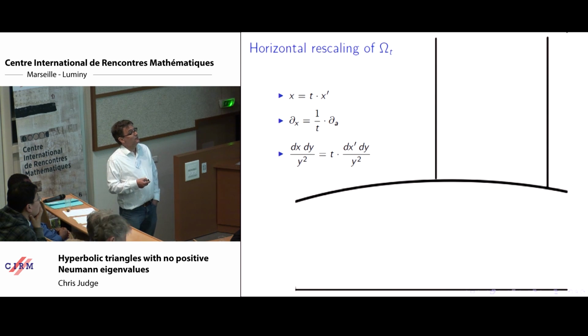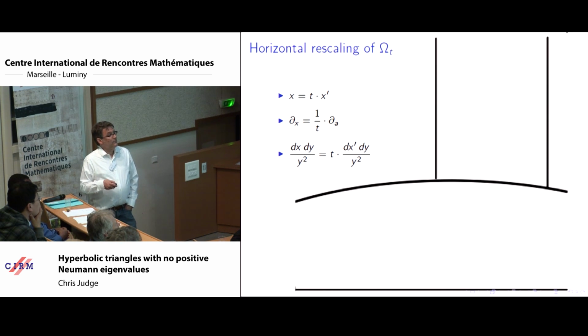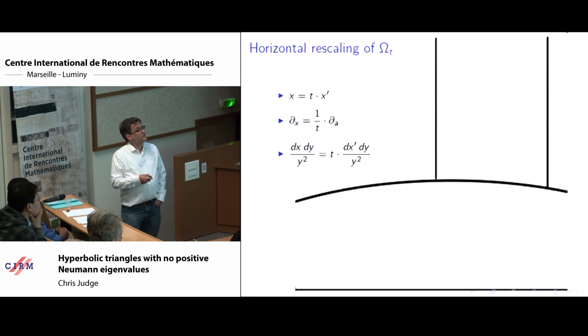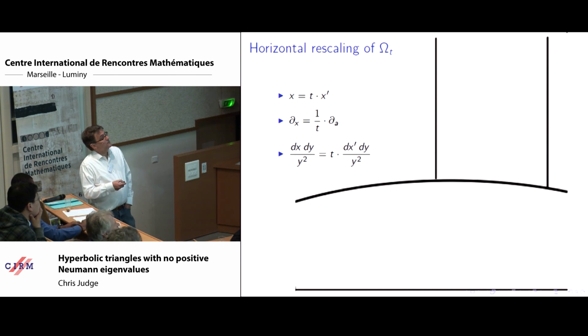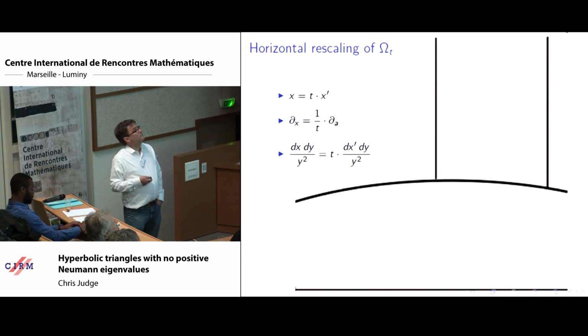And it's just a horizontal rescaling. So the circle becomes now an ellipse. And so now the domain is less curved. And in particular, we make these changes of variables, rescaling by t, and then that should be an x prime, my first typo, x prime, and then the volume form changes accordingly.